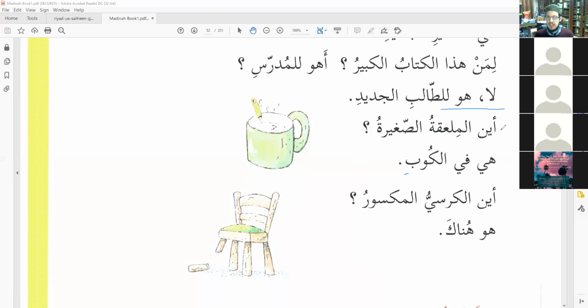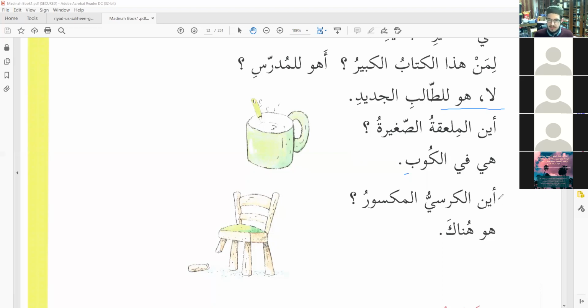Now let's translate line for line. Where is that small spoon? It's in the cup, or inside the cup. Either way, correct.